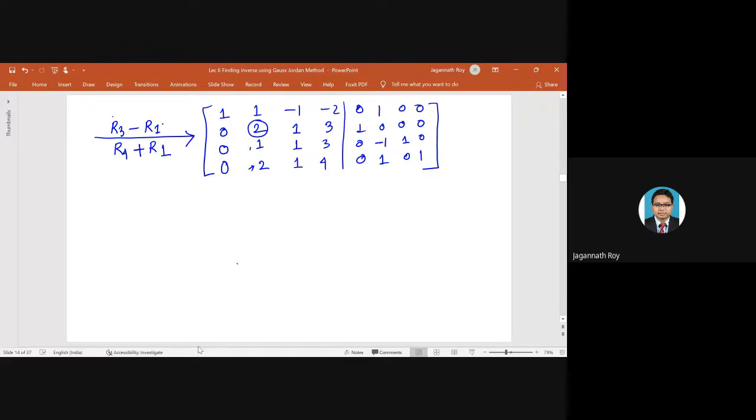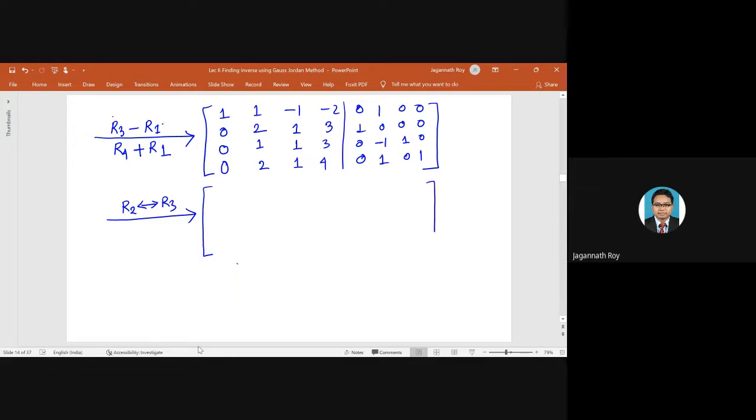One thing we can do: either we divide this row, so it will be 1, then half, and then half. Either we can do that, or we can exchange. We want to exchange R2 with R3.